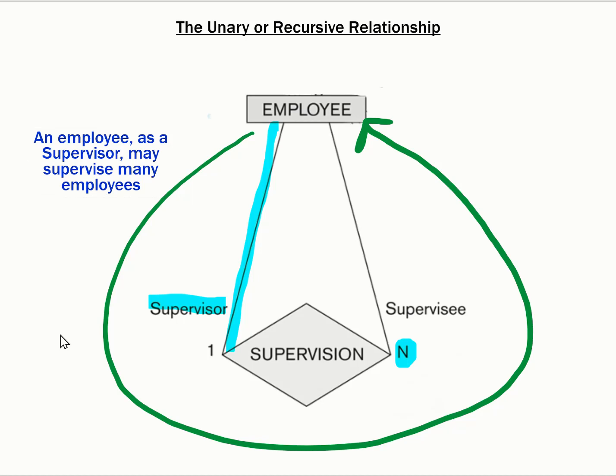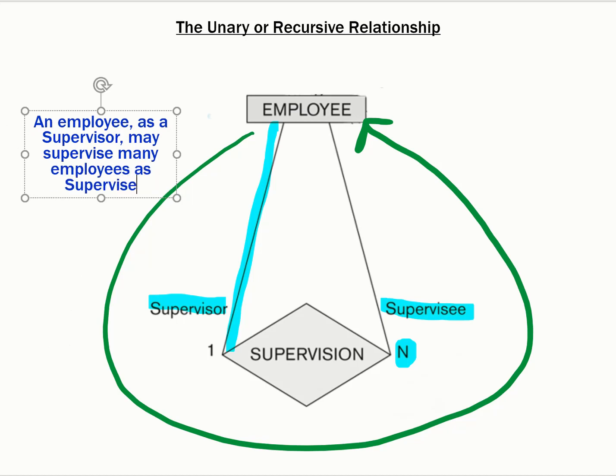But then we have the other label over here. This label is closest to the object of the sentence. And then again, it would be a positive. And the way we would express that would be to change the sentence to be as supervisees.